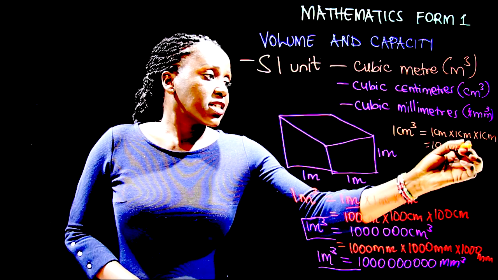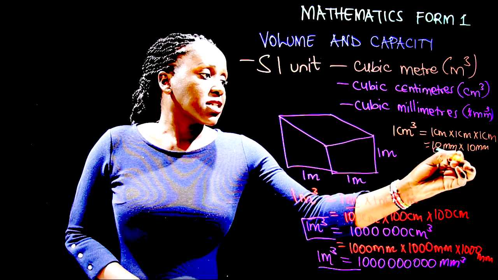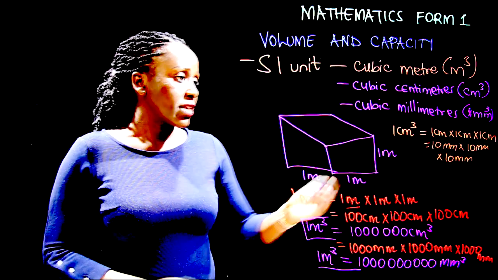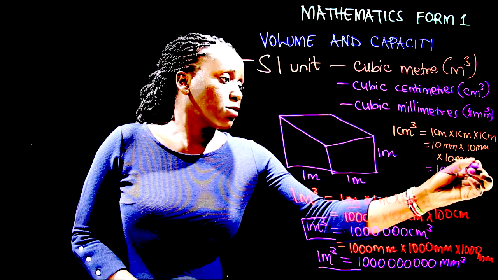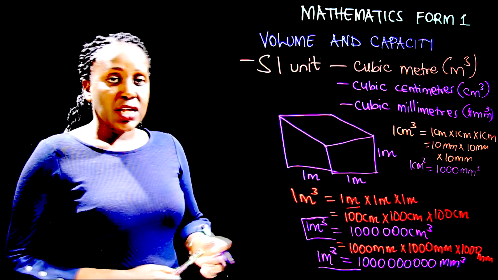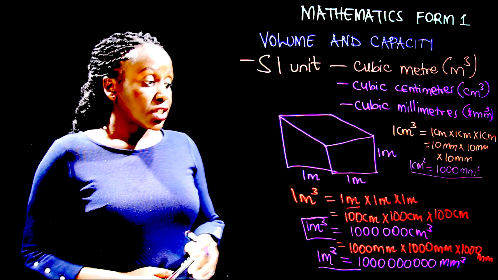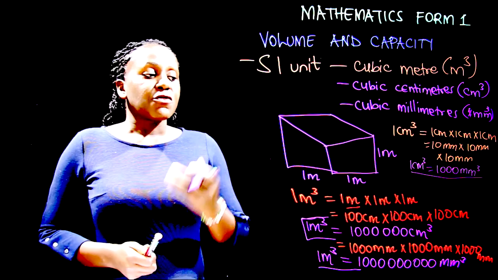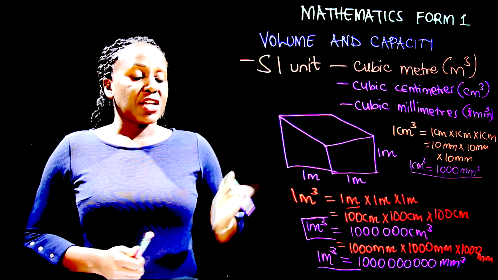So 10 times 10 times 10 gives 1000 millimeters cubed. So 1 centimeter cubed is equal to 1000 millimeters cubed. You need to recall these three relationships so that you are able to convert any units of volume. If you forget, just follow this process that we have used to derive the relationship.